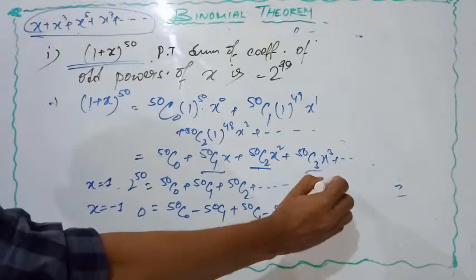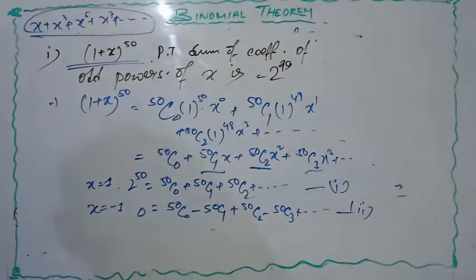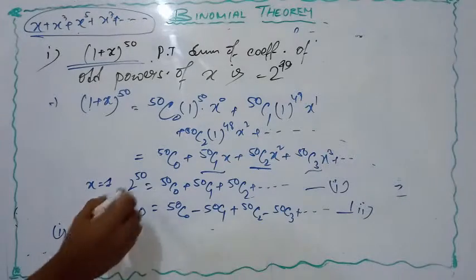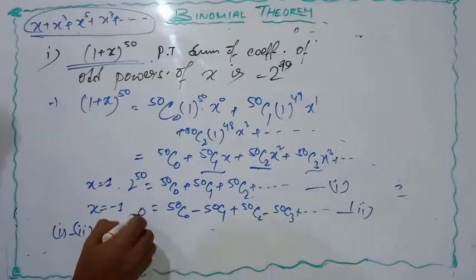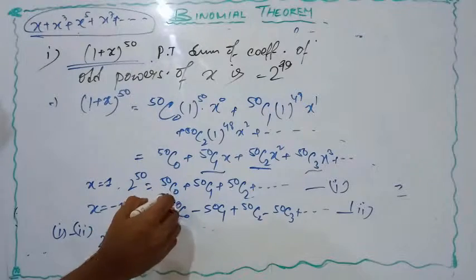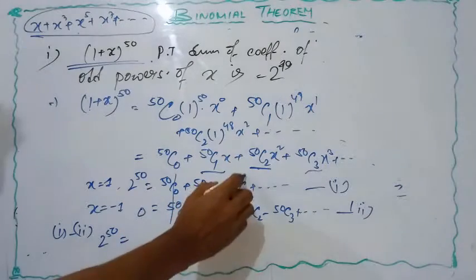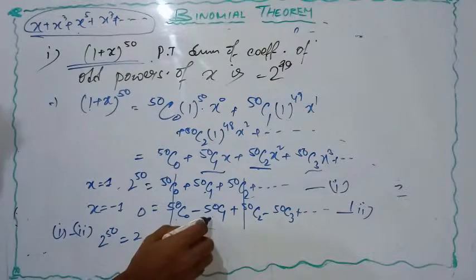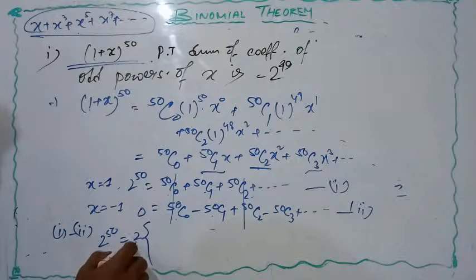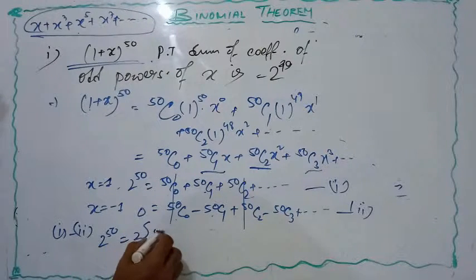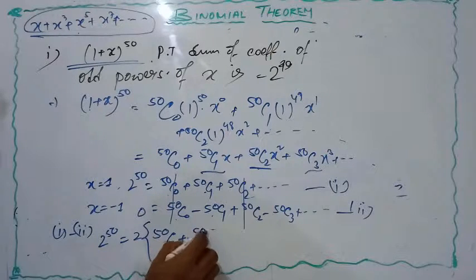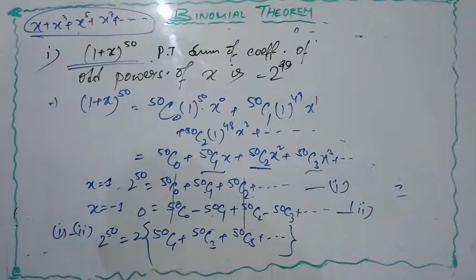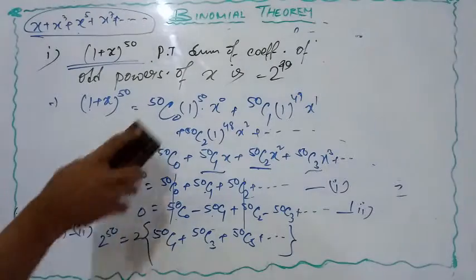So if you consider this as equation 1 and this as equation 2, now if you subtract equation 2 from equation 1, then what you are getting: 2 to the power 50 minus 0, that is 2 to the power 50, is equal to 50C0 minus 50C0, this will cancel out, 50C2 will cancel out, 50C1 plus 50C1, right? 2 into 50C1, similarly 2 into 50C3, so taking 2 common, that is 2 into (50C1 plus 50C3 plus 50C5, in this way) is equal to 2 to the power 50.